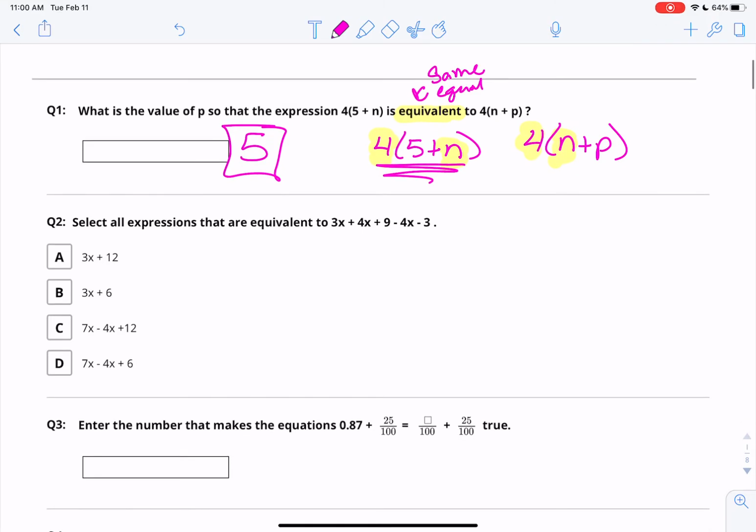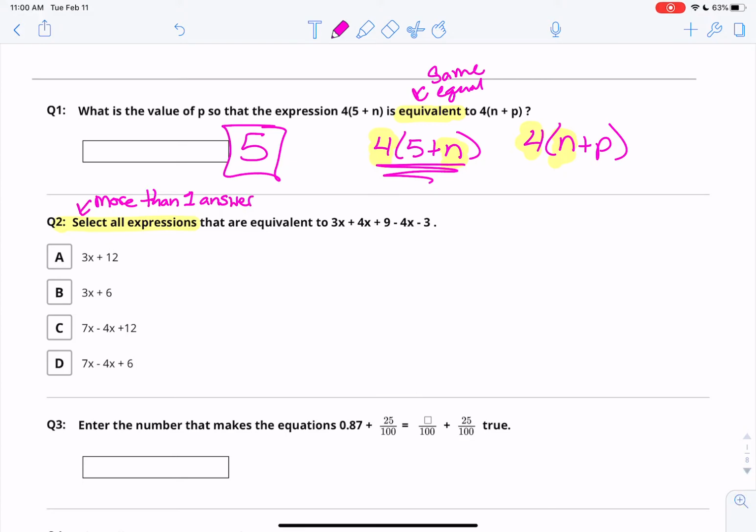For question number 2, it says, select all the expressions that are equivalent to 3x plus 4x plus 9 minus 4x minus 3. Now, select all expressions. Expressions is plural, and it says select all. So that's your hint that there's going to be more than one answer.